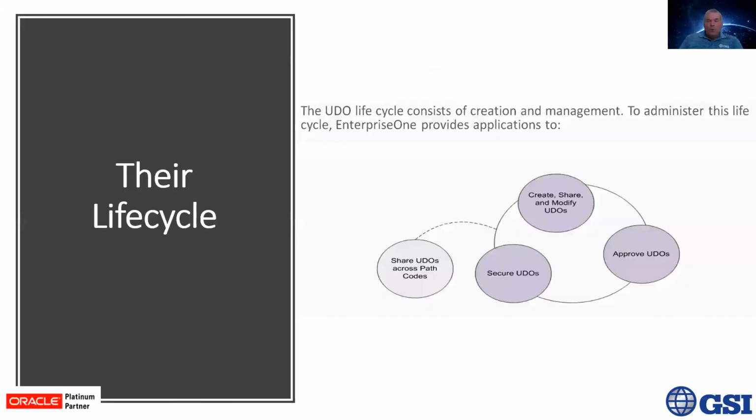So again, life cycle, UDOs, they're delivered to everybody locked down. You need to have your administrator say, Tom, you can get at this UDO. You can get at a query. You can create the query. You can revise the query. You can share the query. You can delete the query.